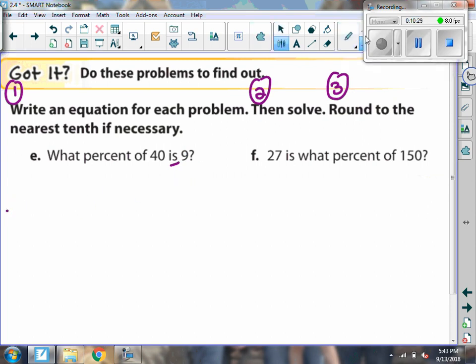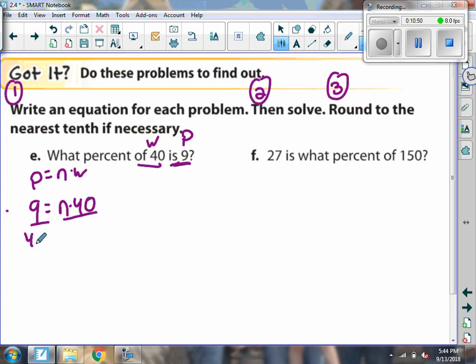If it goes with 40, I have no keywords for 9. So that means the is has to go with 9. So here's my part. Of 40, so that's going to be my whole. So I have my part is equal to my percent times my whole. So that's going to be 9 is equal to n times 40.